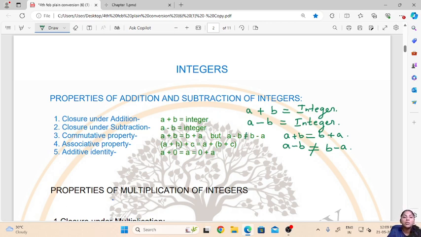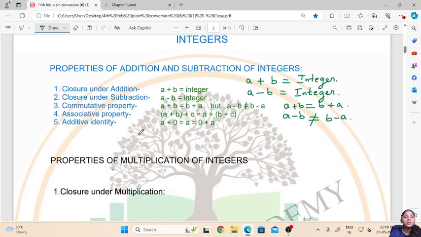Then the associative property. In the associative property, we have seen that (a plus b) plus c is equal to a plus (b plus c). So if we have any three integers a, b and c, the sum is always the same.